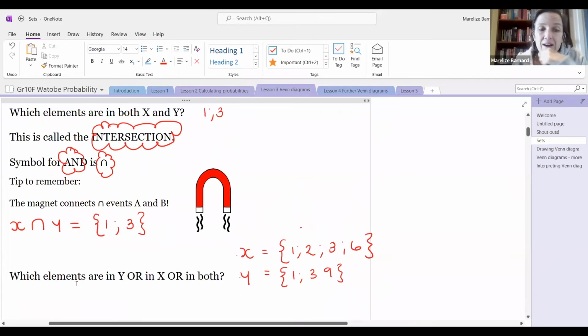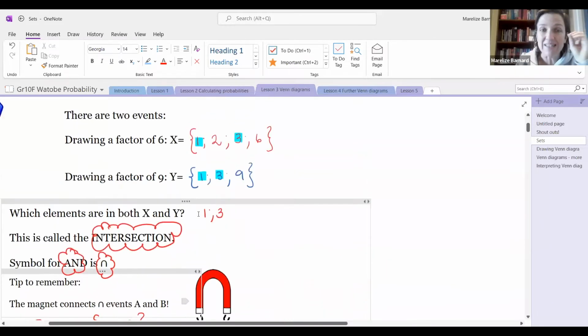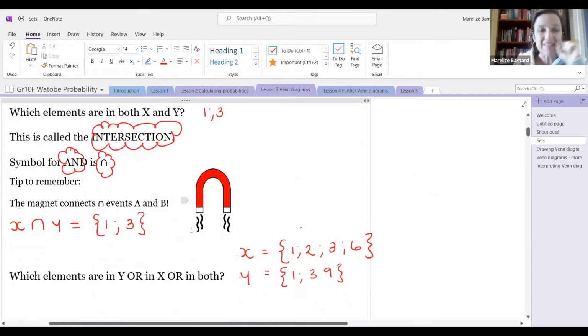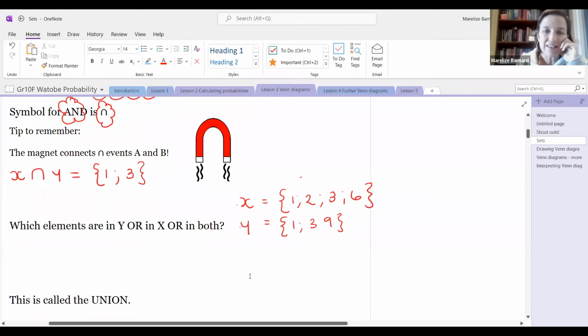So read carefully, guys. The question was, which elements are in Y, or in X, or in both? This word is important, not and. We just did and. Fence is saying 1, 2, 3, 6, and 9. That's right.